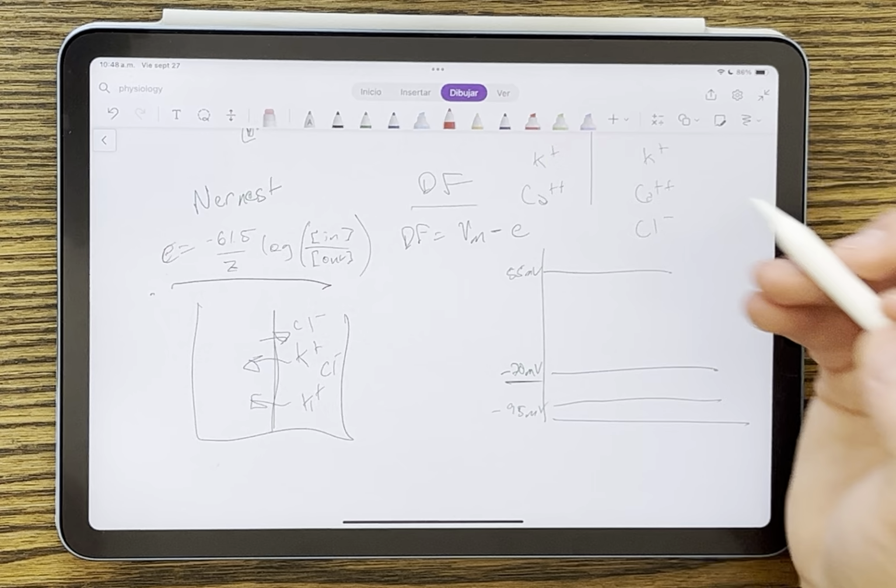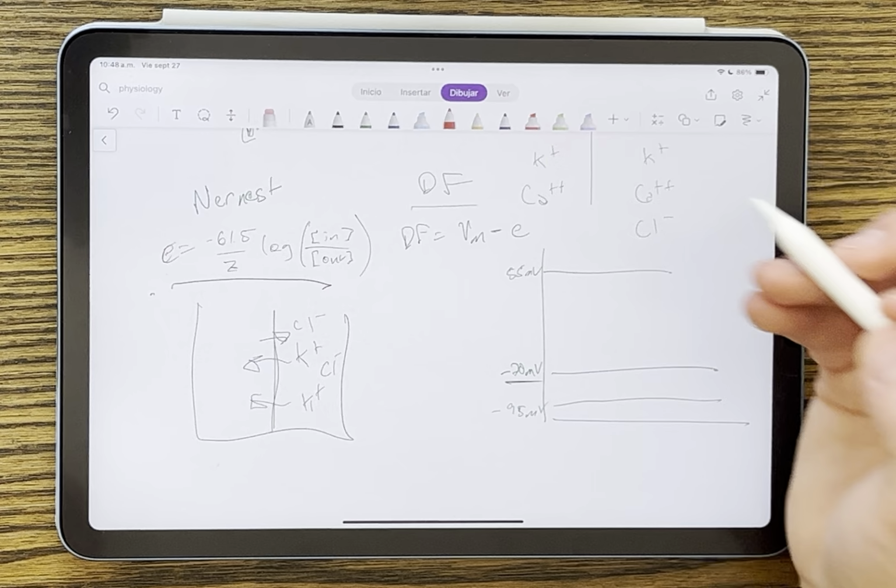As this occurs, there's not only a chemical gradient now, there's also an electrical gradient that pushes it back the other way, right? This positive charge is going to be attracted to the negative charge and repelled by the positive charge. So as the concentration gradient changes and the electrical gradient changes, we reach a level of equilibrium where the force from the electrical pull or push and the force from the chemical gradient is equal. That's where we reach resting membrane potential.